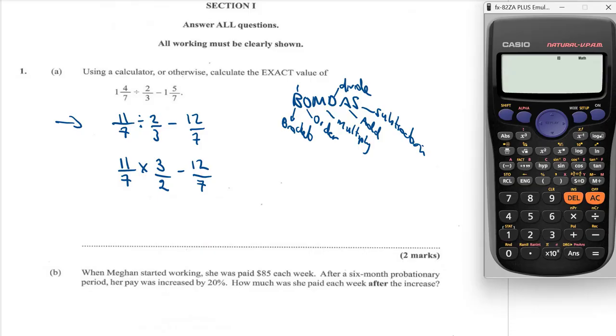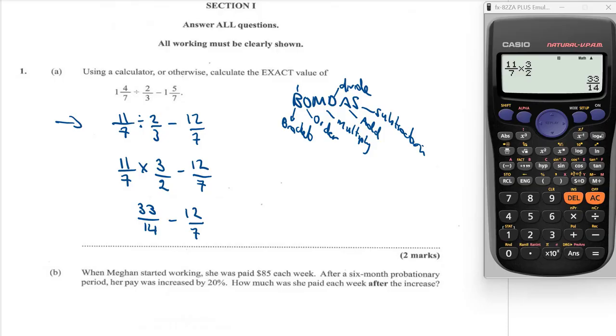So this is going to be 11 over 7 times 3 over 2, and that is going to give us 33 over 14 minus 12 over 7.